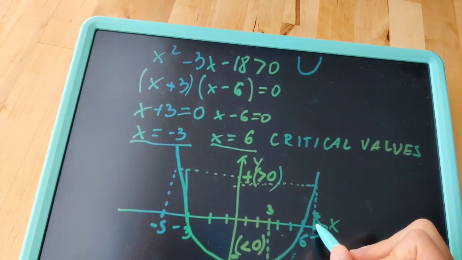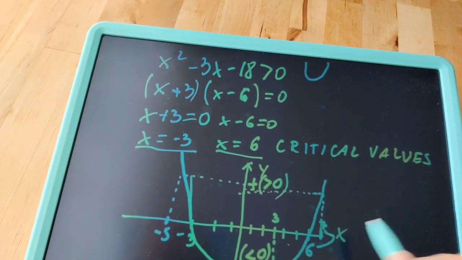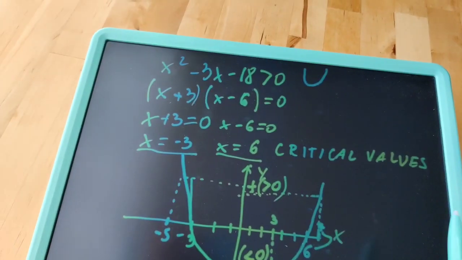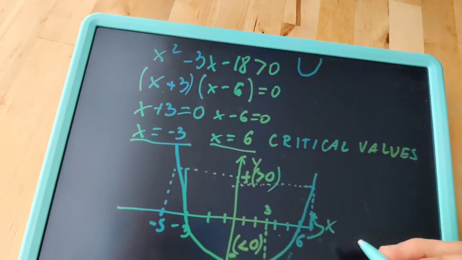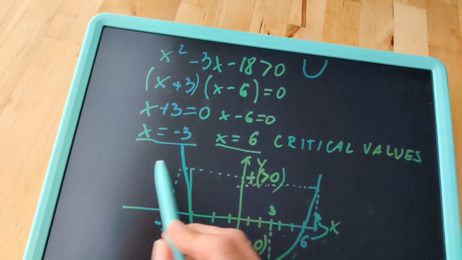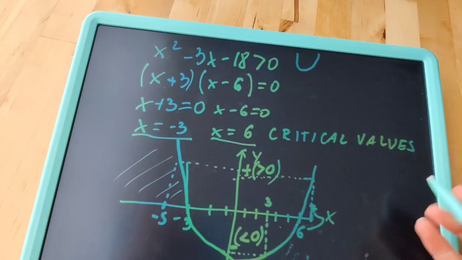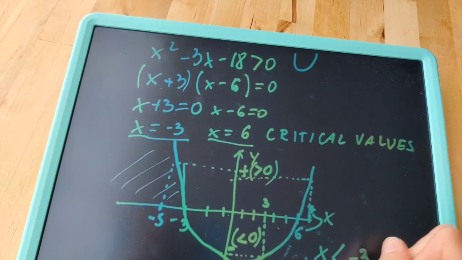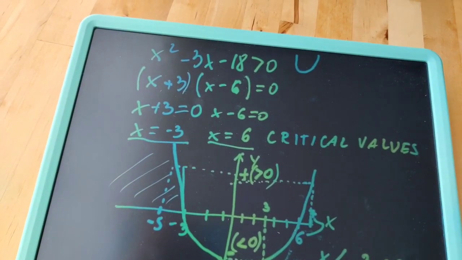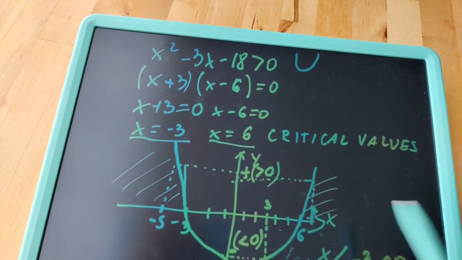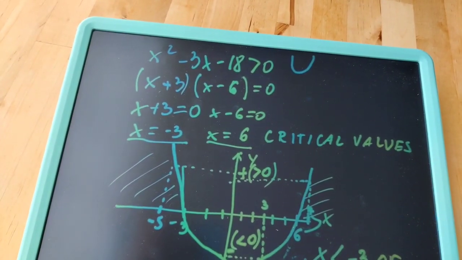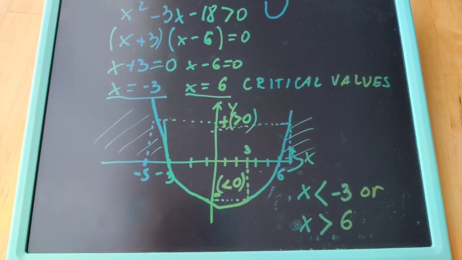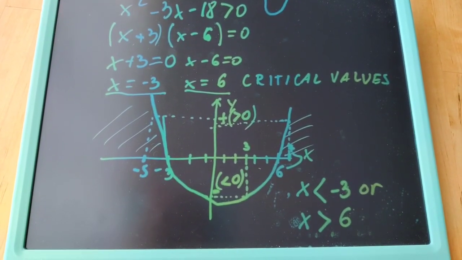That's how we know that values from over here are going to be possibly values of our polynomial. So that's how our answer is going to be: x is less than minus 3 or x is greater than 6. And this is our answer.